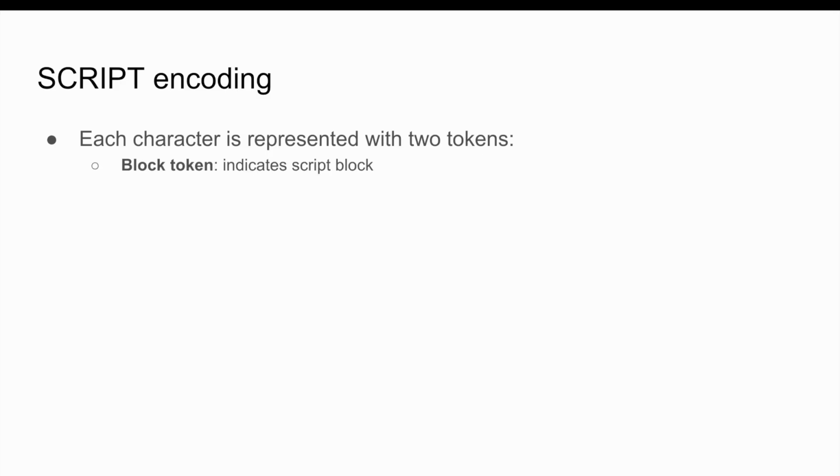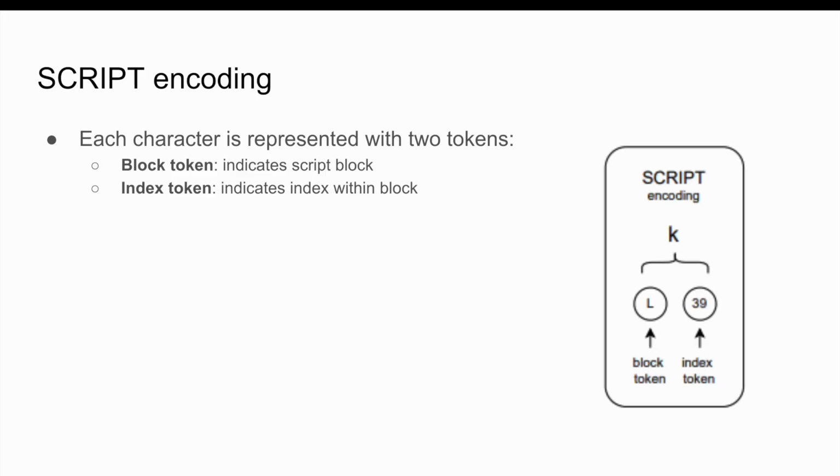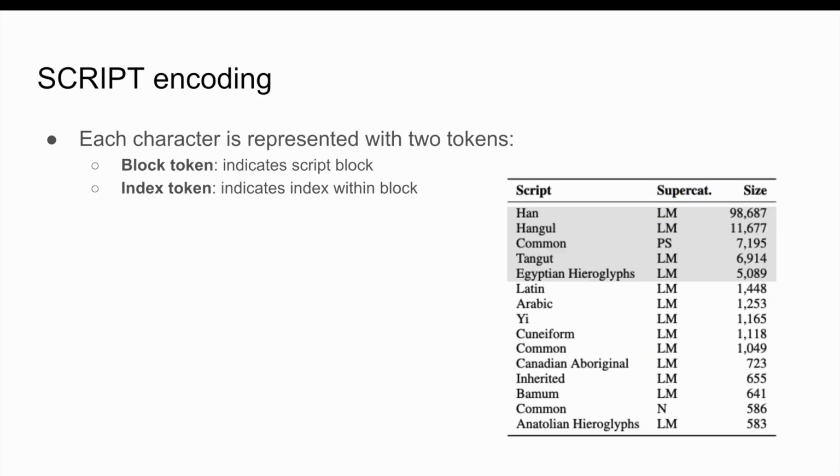The first token is a block token, which indicates which script group the character is from, and we have an index token which indicates its index within that block. For the letter K, for example, you have your block token that represents it's a Latin character, and then you have some index token that represents its place within that block.